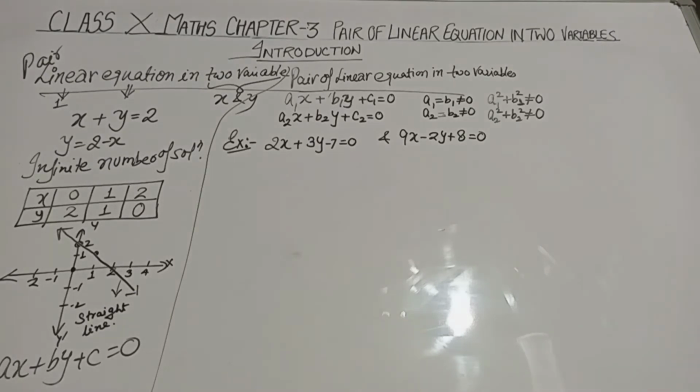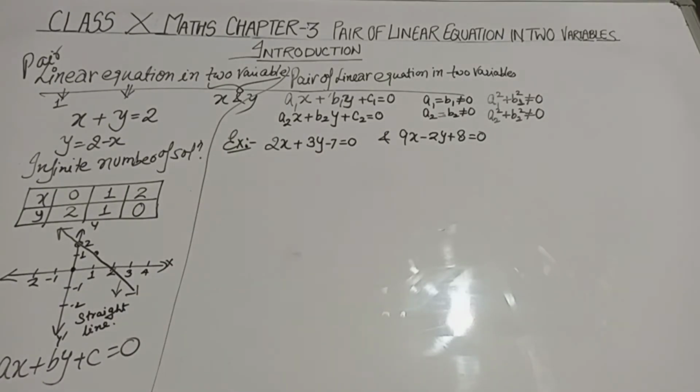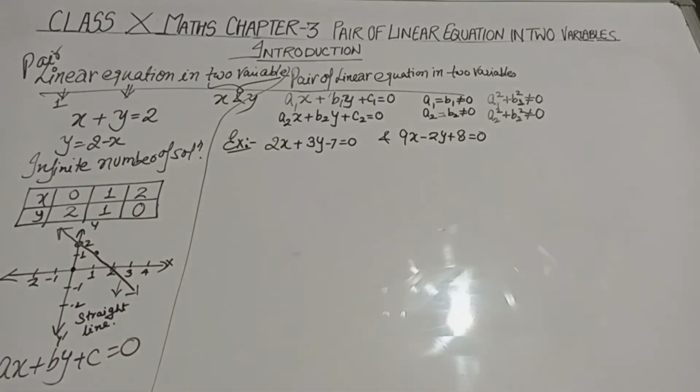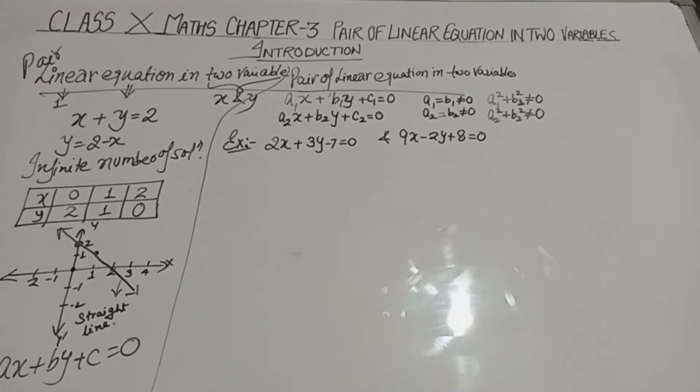So when we draw these two lines in the same graph, there is a condition. For one linear equation in two variables we got a straight line, so for a pair of lines both are straight lines.